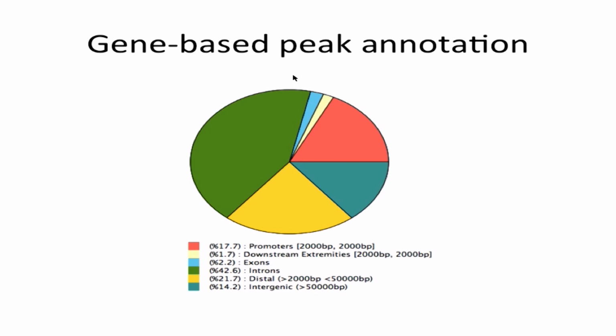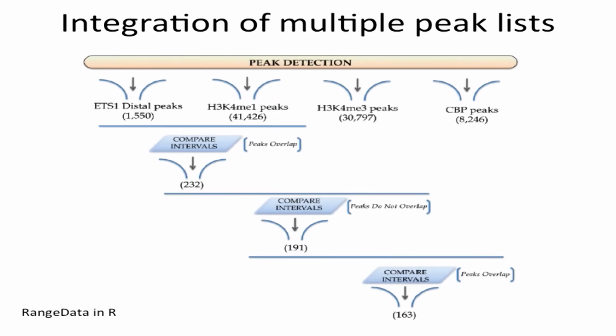You have downstream, exons, introns, distal, intergenic, and so on. This is the distribution of peaks for this particular factor. Distribution can vary between factors, but it's useful to show this. And this is one of the exercises we'll have you do tomorrow: build a pie chart of peak locations for a ChIP-seq experiment.